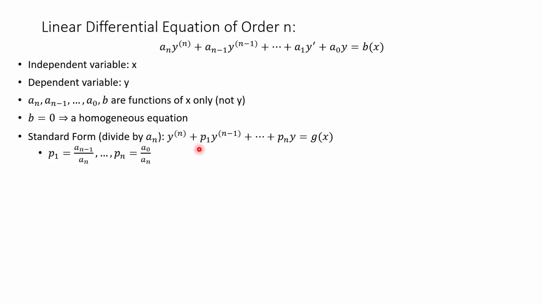And you do that all the way down, so p sub n would just be a naught divided by a sub n. Then we're changing b to g because b of x divided by a sub n is what we're calling g of x.